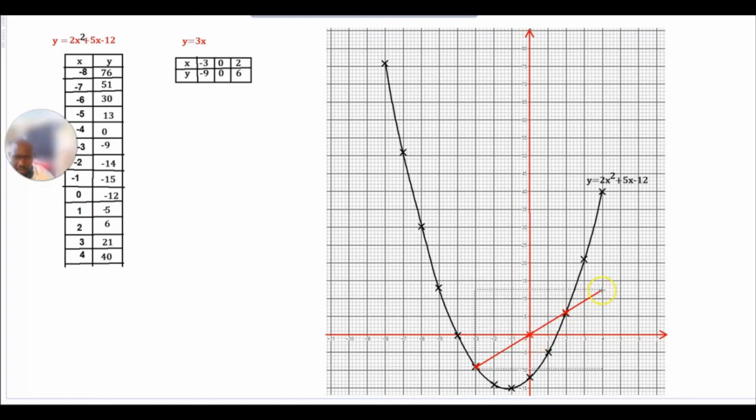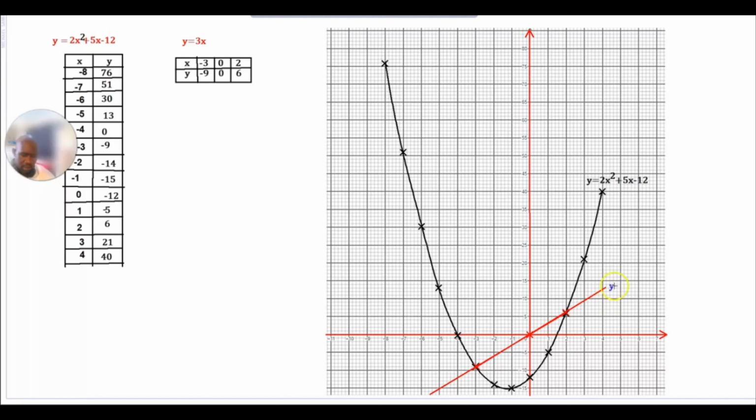So that is it. Now you can see that we can read the values of x where the line cuts the curve.